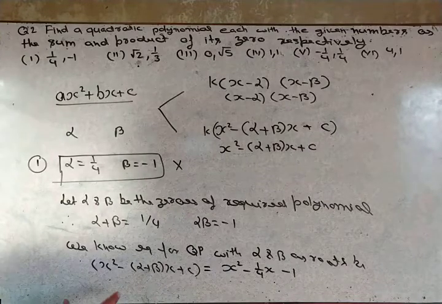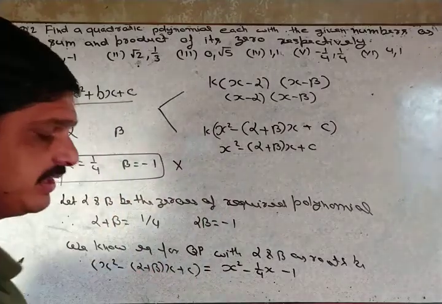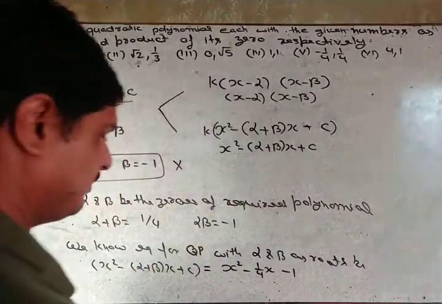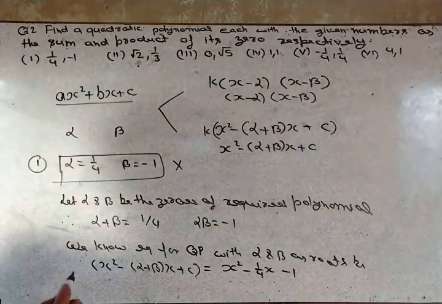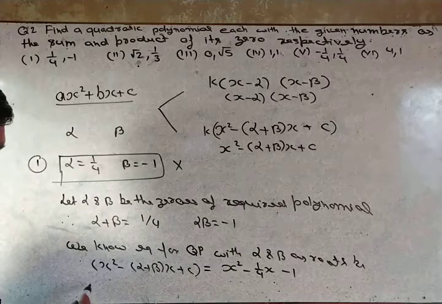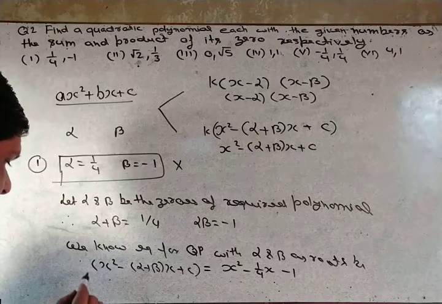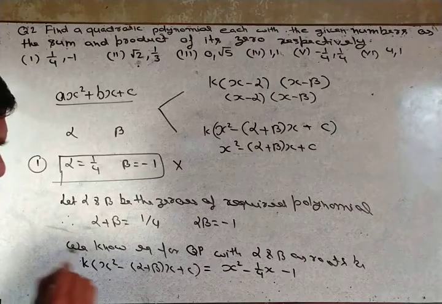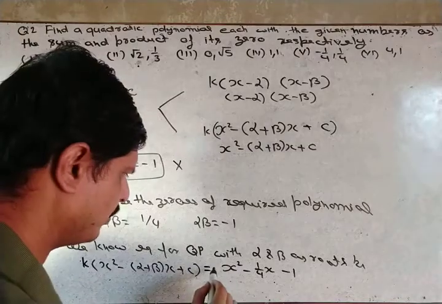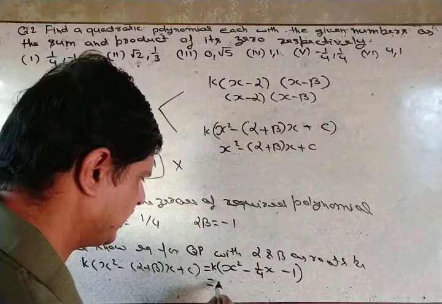We have 4 in the denominator, so if we multiply, you can write k directly and put k as 4, so that you can avoid the fraction.